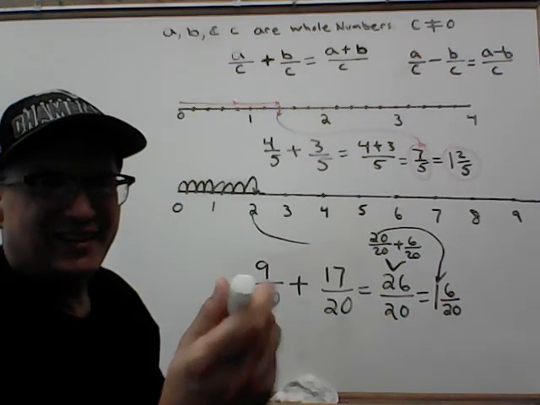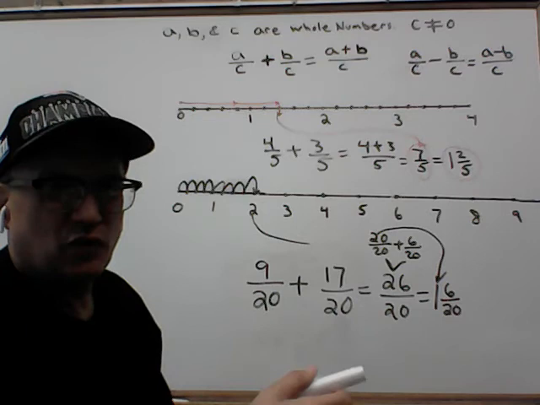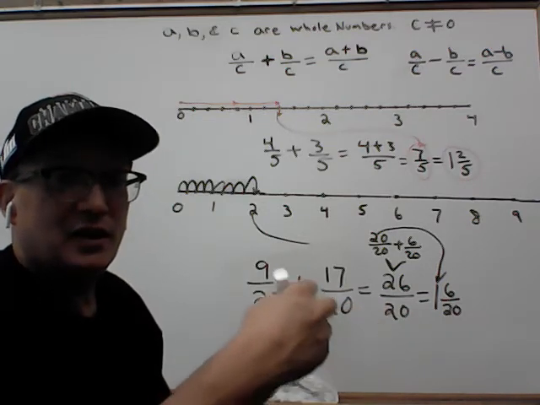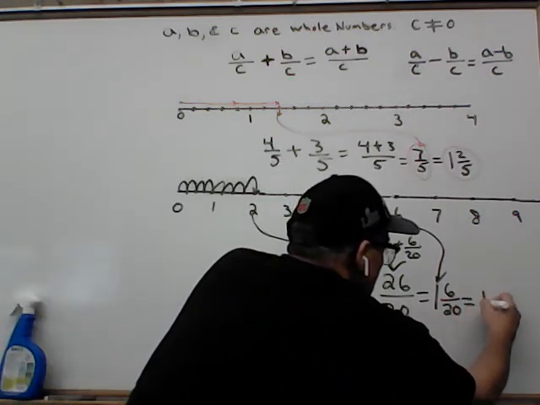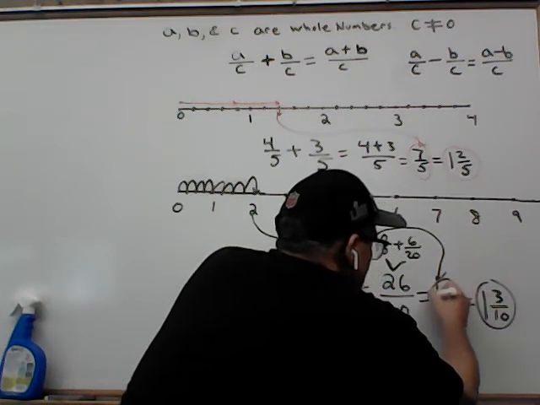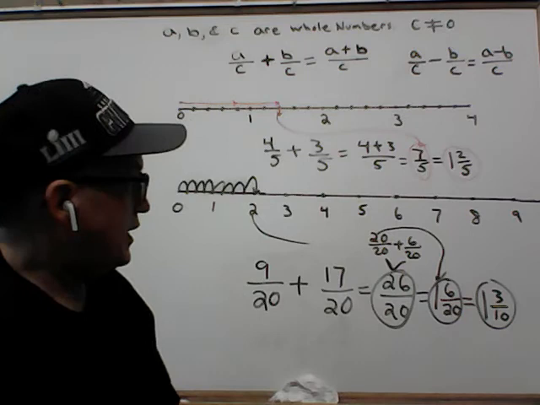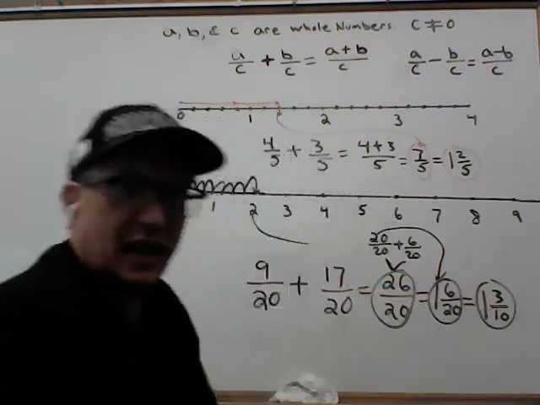And then this next thing that I'm going to show you, we're really not ready for. One of the next videos, very soon, is going to be talking about equivalent fractions. We're going to learn that 1 6/20 is exactly the same as 1 3/10. 6/20 equals 3/10.